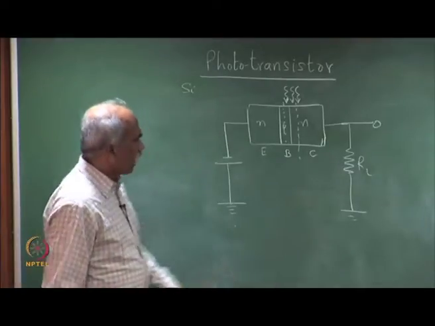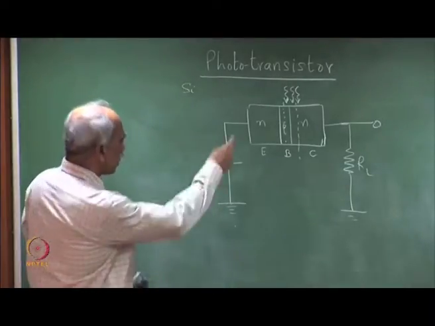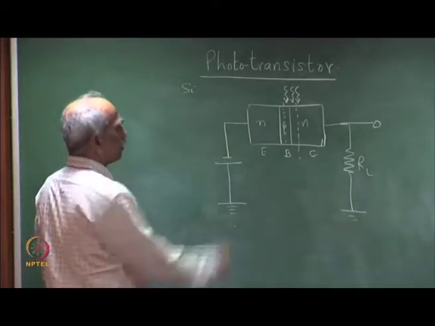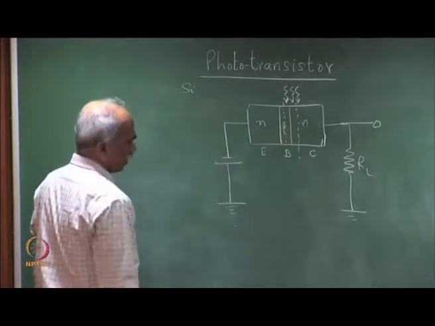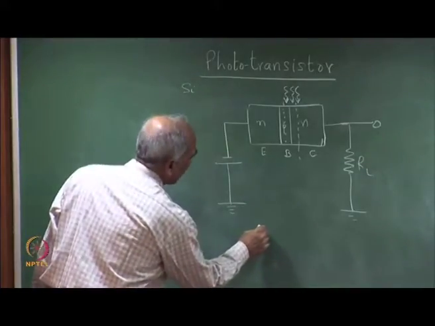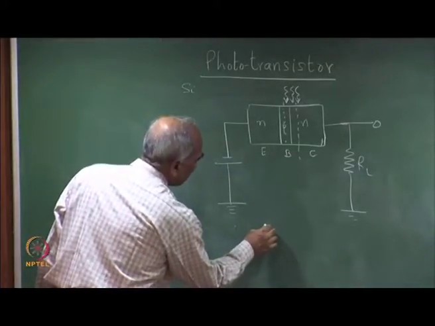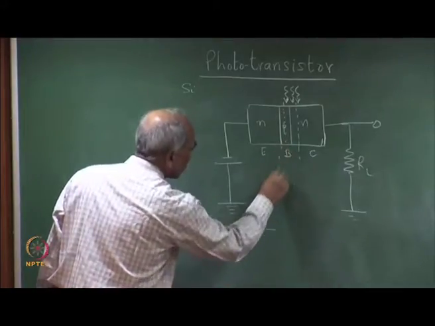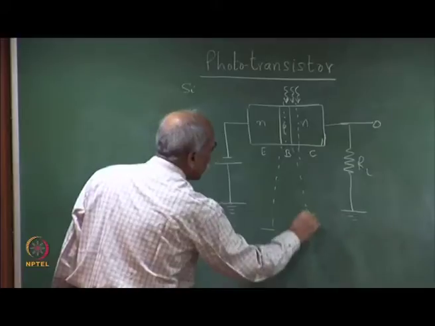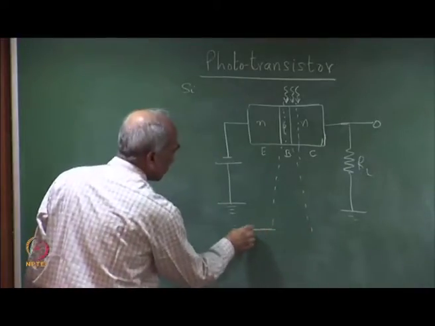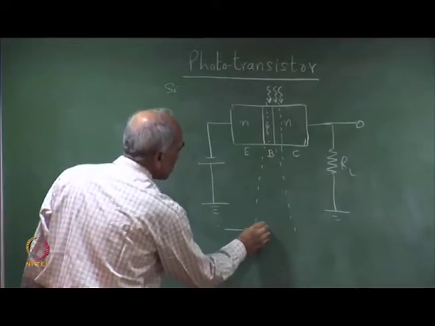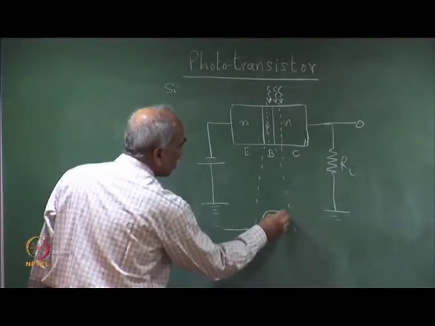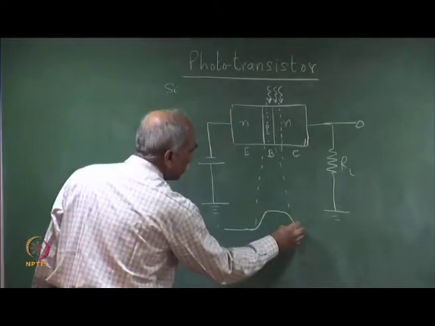So, this can be understood more clearly if we look at the energy band diagram of this NPN junction. So, let me plot the energy band diagram here. So, this is an NPN junction, PN in reverse. So, this is the P region and the N region.